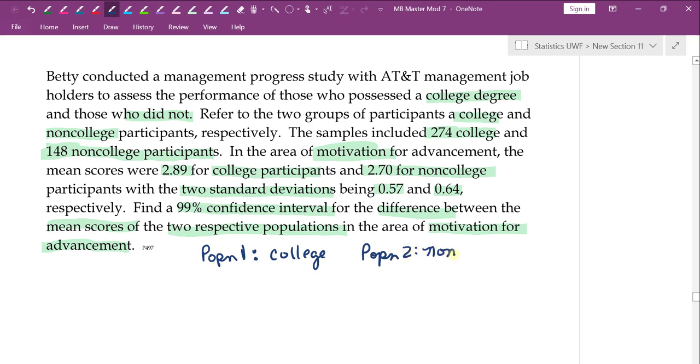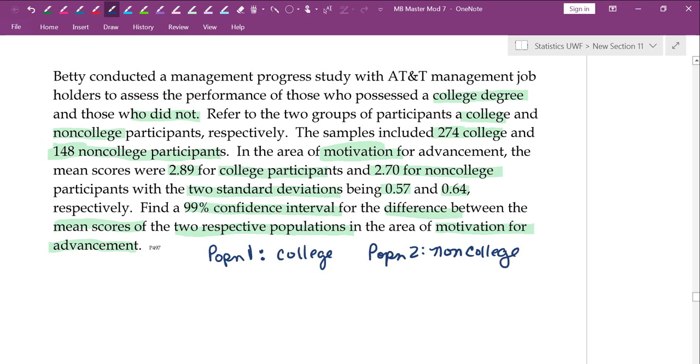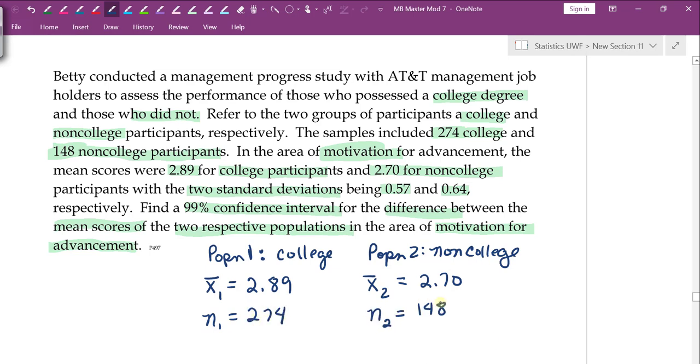And we have X bar 1 for college is equal to 2.89. X bar 2 for the non-college is equal to 2.70. We also know that our sample size for college was 274, and we know the sample size for our non-college friends was 148.